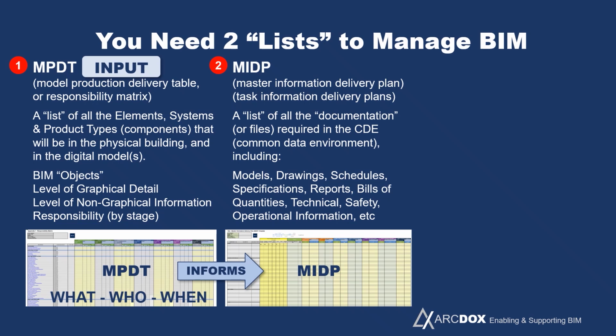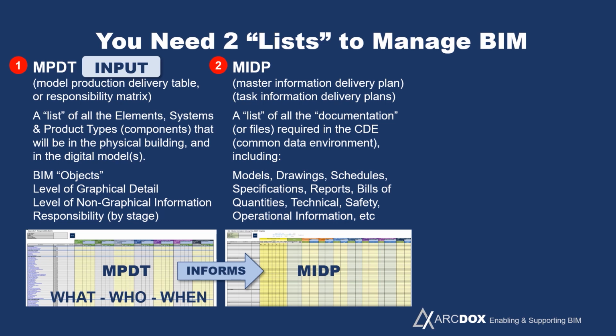But the other list we need to make is what are we going to get out of this model. So all the different files and documents that are going to be produced and submitted to this common data environment. And these files will contain various things, but there'll be model files, drawing files, schedules, specifications, reports, bills of quantities, minutes, technical data.